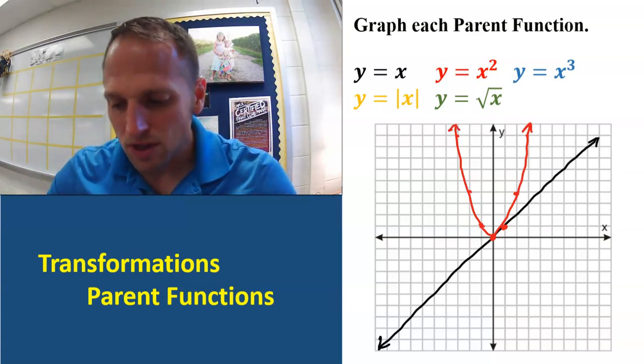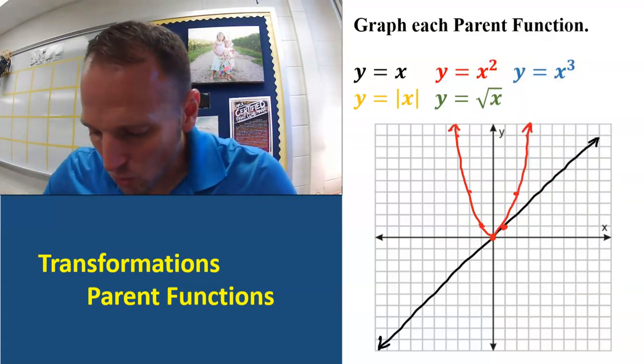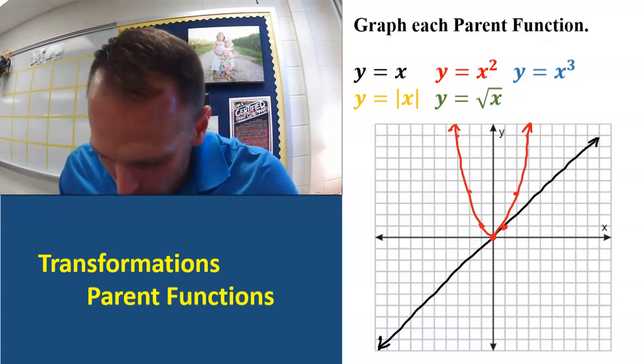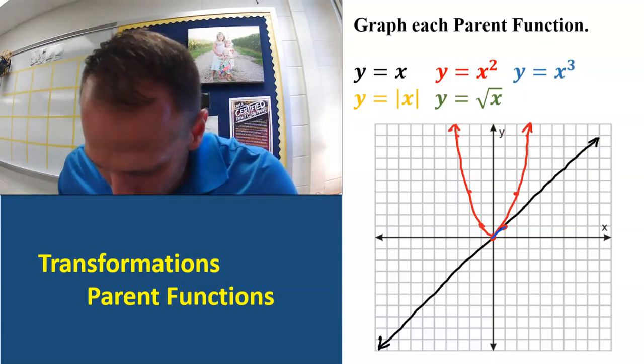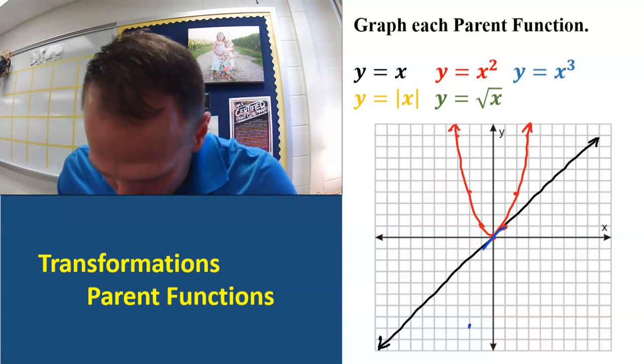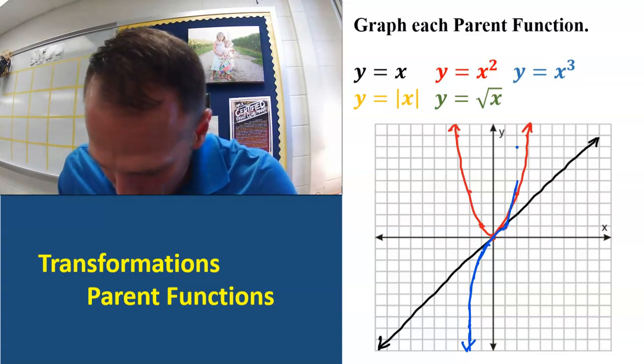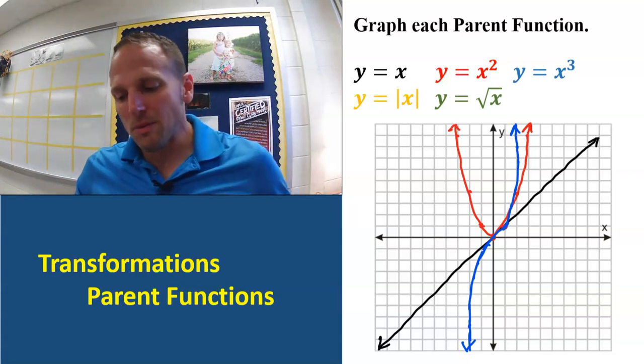That's y equals x squared. The next one is y equals x to the third. And that one is going to look like, there we go. That one's going to look like that.